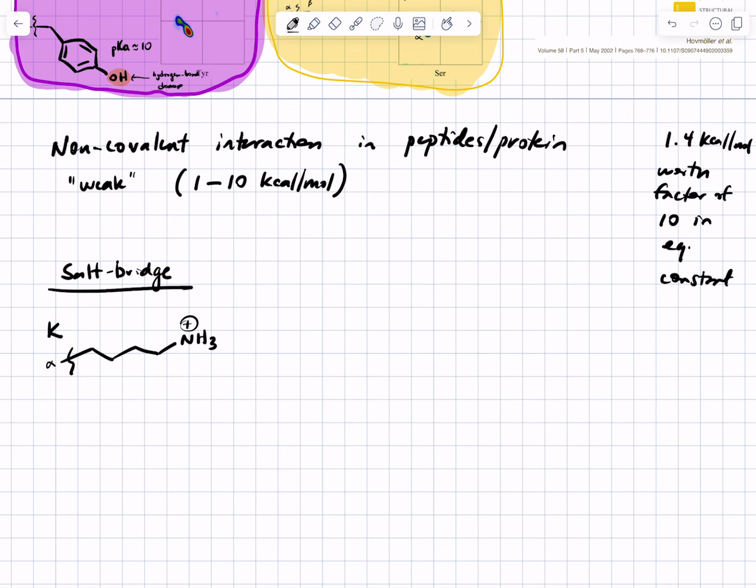That positively charged ammonium group can interact with a negative charge on, say, a glutamic acid side chain, which would look like this, where the carboxylate is attached to the gamma carbon. This is glutamic acid, 1-letter code E. So E and K can interact in a favorable way.